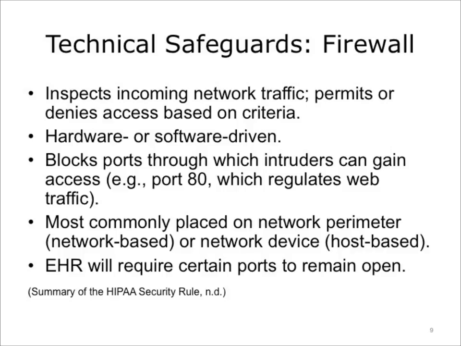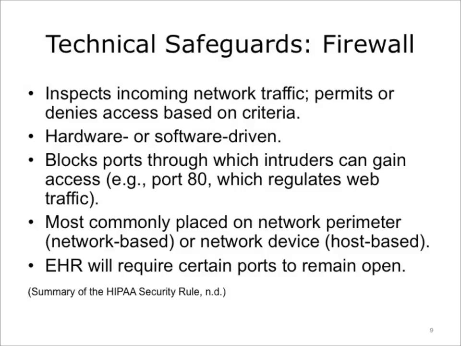Another way to help prevent unwanted access is through the use of firewalls. A firewall is a dedicated appliance or software running on a computer which inspects network traffic passing through it and denies or permits passage based on a set of rules or criteria. It does this by controlling access to ports. Ports are essentially communications channels that applications need to communicate with one another.